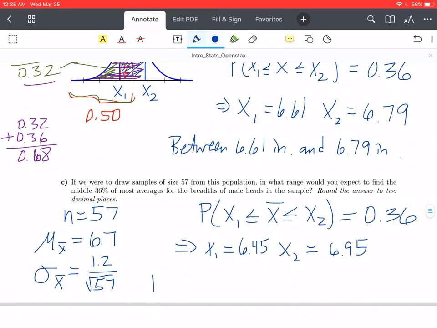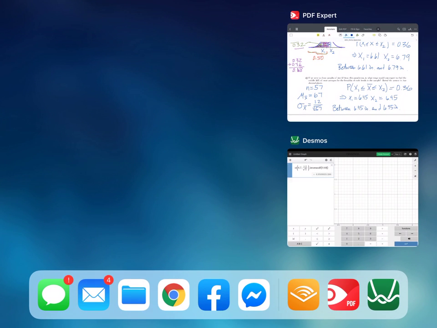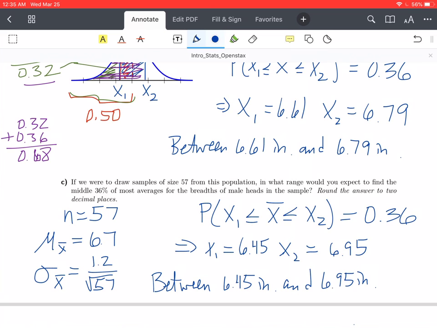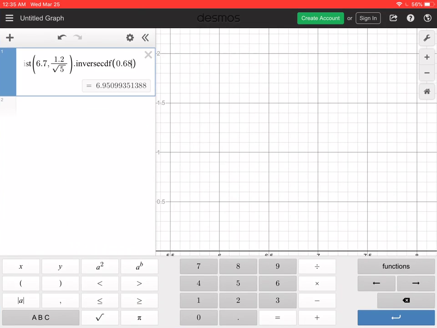So this is between 6.45 inches and 6.95 inches. Oops. Okay, sorry about that. I thought those numbers looked a little weird.